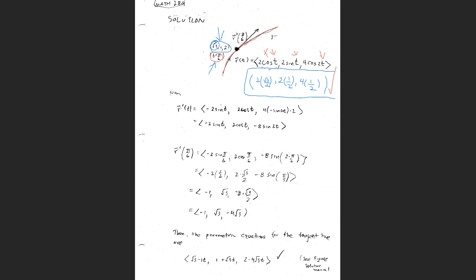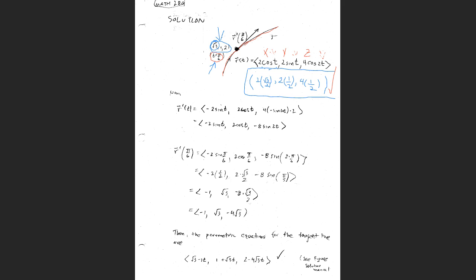The x, the y, or the z? That's right, the y. 2 times the sine of t.